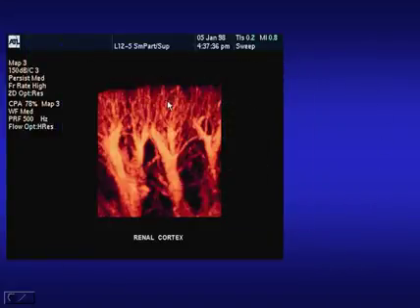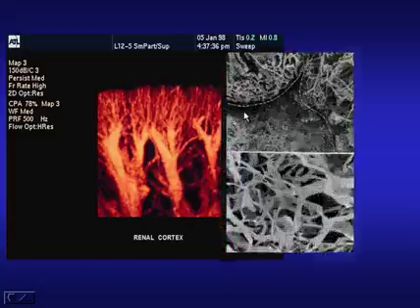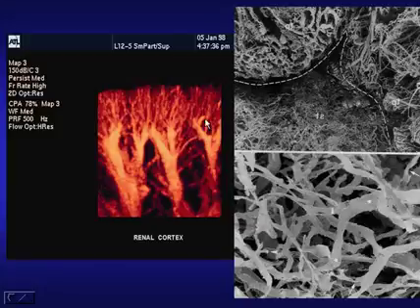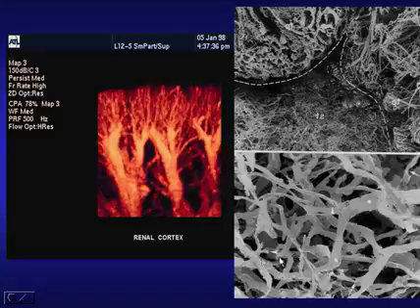So now, using these techniques, we're able to visualize with contrast ultrasound blood vessels of the order of 50 microns in size. And it's at this level of scale that we start to see the abnormal patterns of the microvasculature, which is tangled, chaotic development of vessels with blind-ending vessels, shunts, loops, and arcades that we don't see in the normal regular pattern of normal tissues, such as here in this renal cortex.